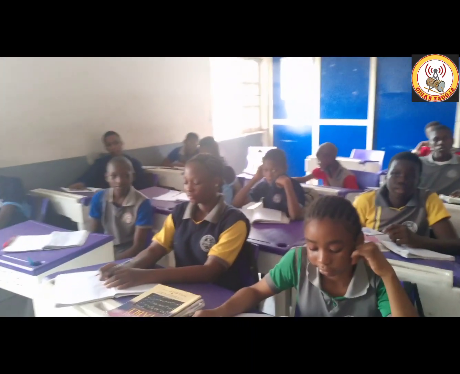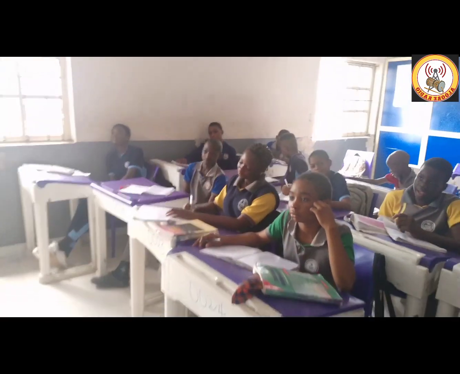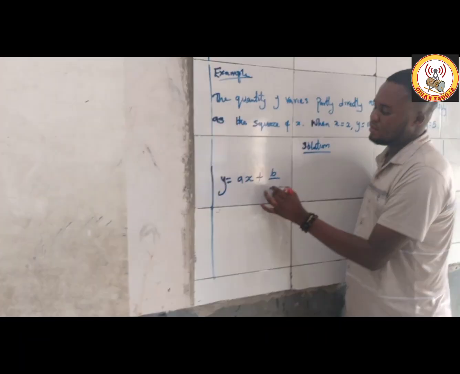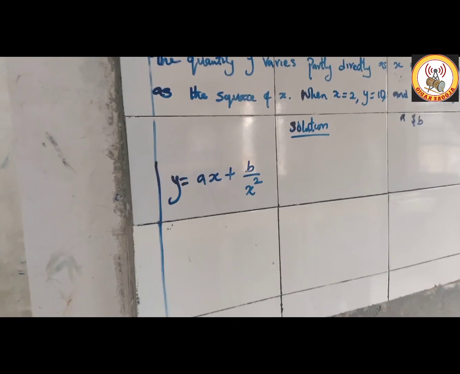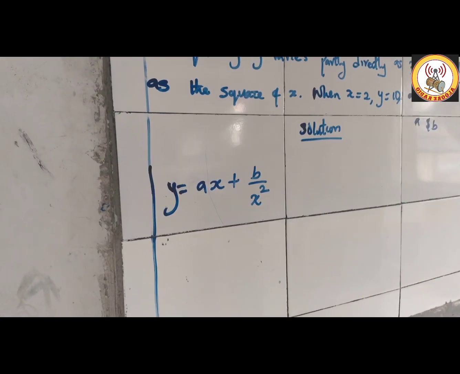So now we have Y equals AX plus B over X. Right? I think we're all good with that.